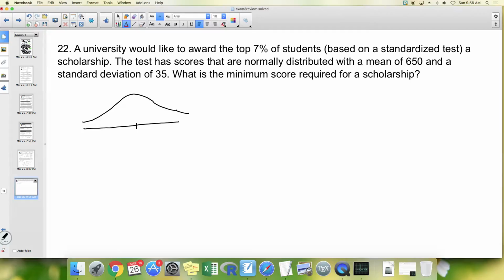It's normal with mean mu 650, sigma is 35, and they want the point x for which bigger than x is 7%. That means area left of x is 93%, that is 0.93. So we shall search for 0.93 in the z table.